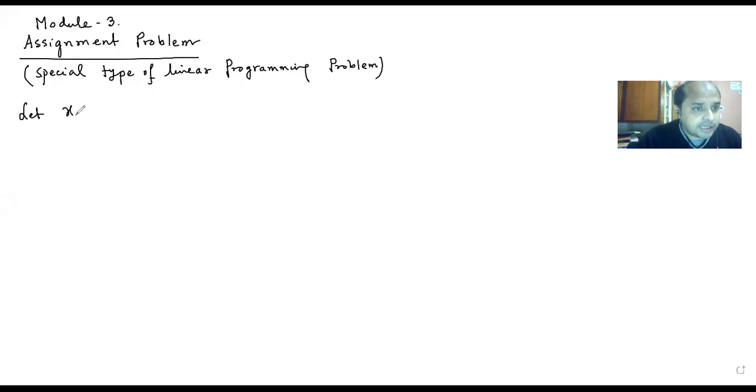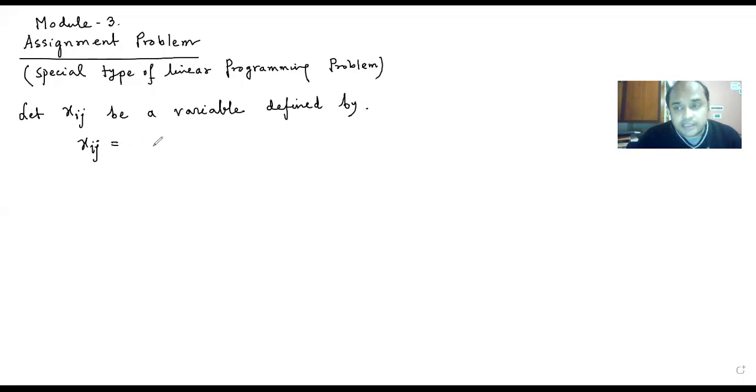We consider some variables. Let xij be a variable defined by: xij can take two types of values.